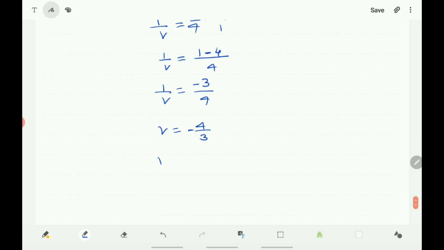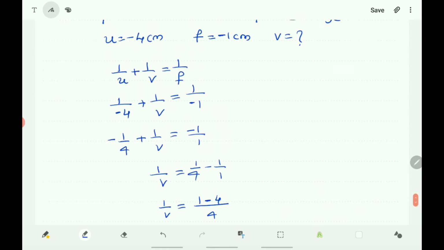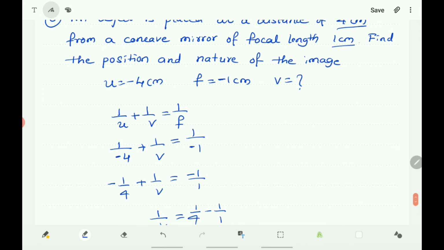Minus 4 by 3 is equals to, that is 4 divided by 3. 3 ones are 3, 1 is remaining, put 0, 3 threes are 9, 1 is remaining, again 3 is repeating here. So you write 1.33, so on. The image distance is minus 1.33.